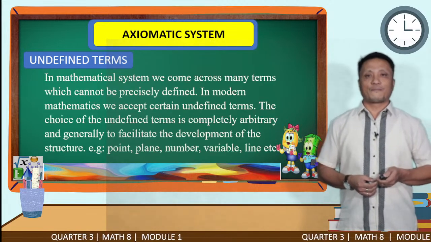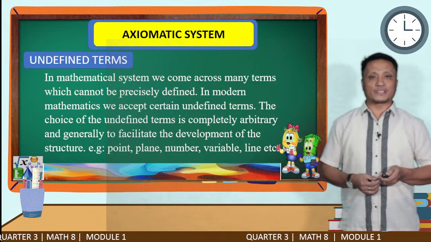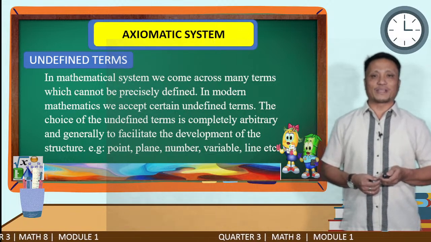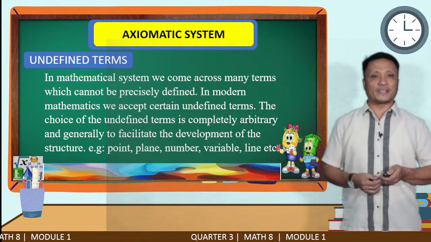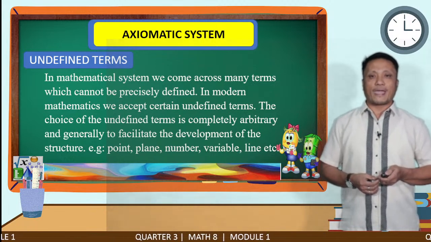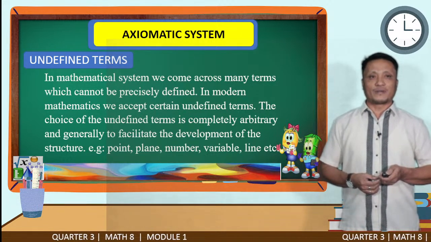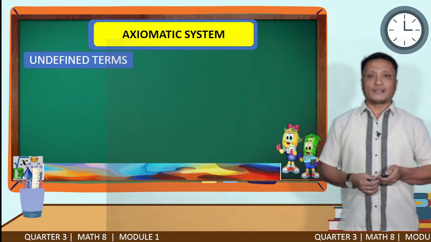Undefined terms. In a mathematical system, we come across many terms which cannot be precisely defined. In modern mathematics, we accept certain undefined terms. The choice of the undefined terms is completely arbitrary and generally to facilitate the development of structures such as point, plane, number, variable, line, and others.